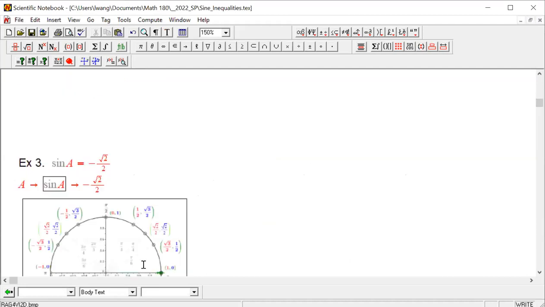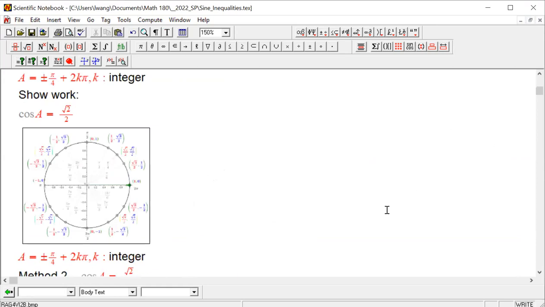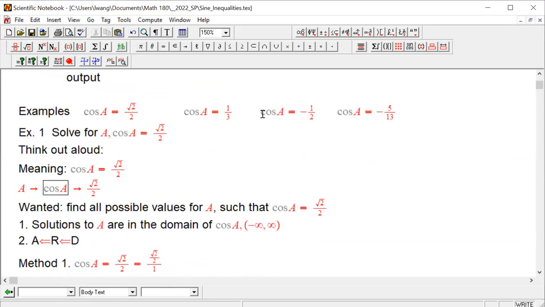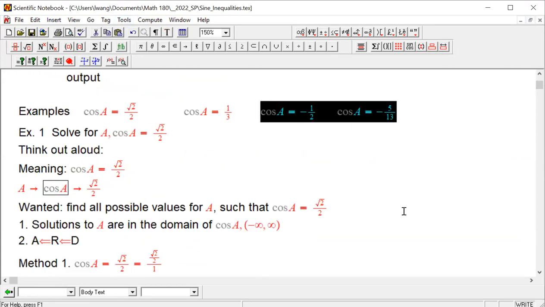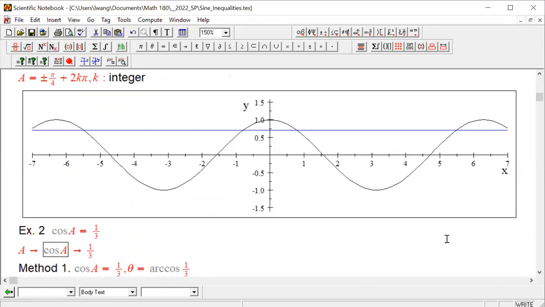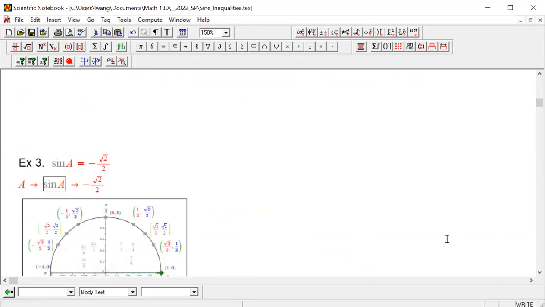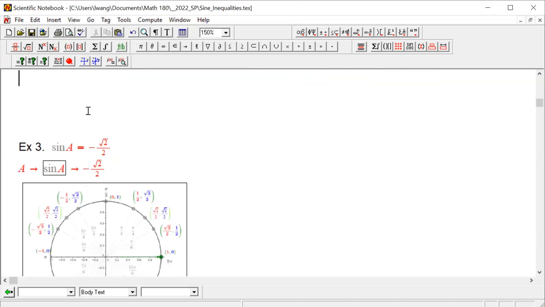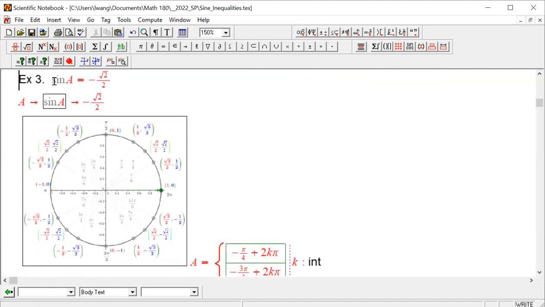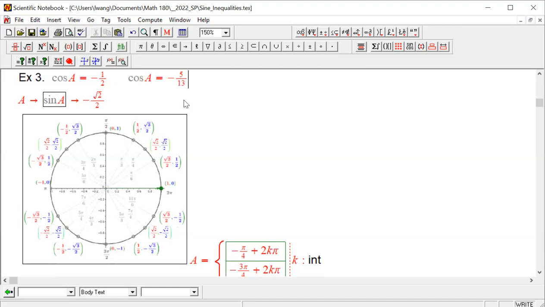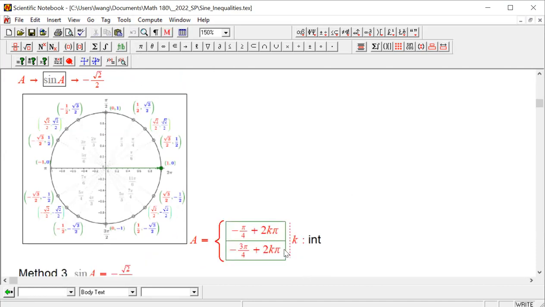In examples number 3 and 4, we have our set goals. One is a special one and the other one is non-special, right?